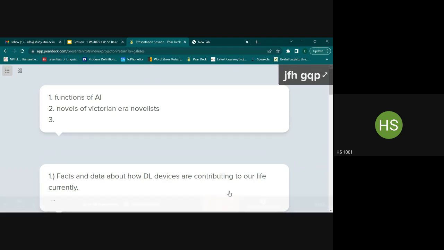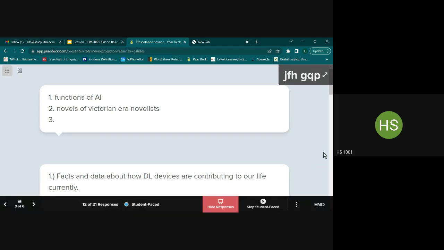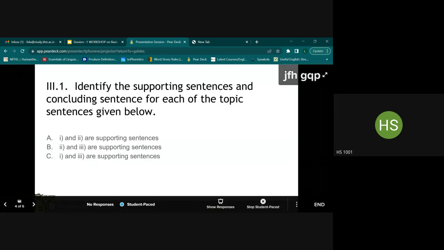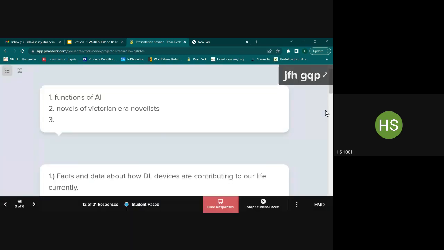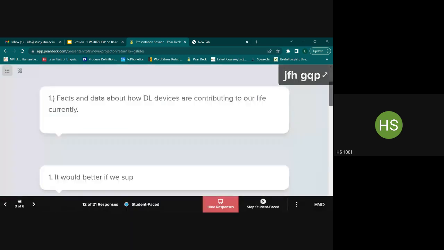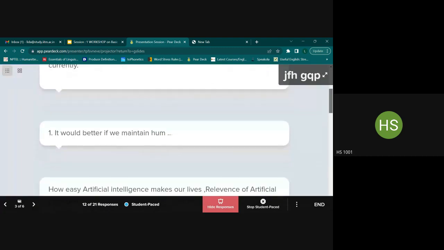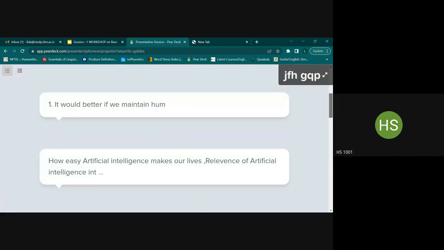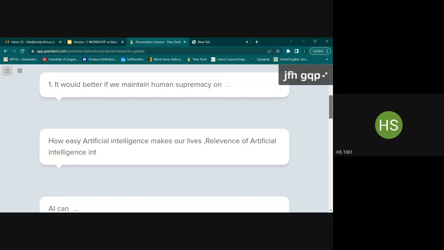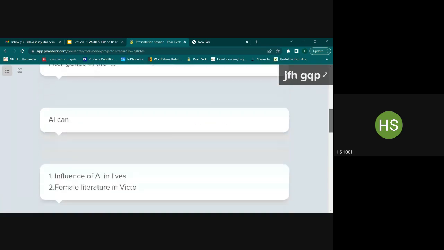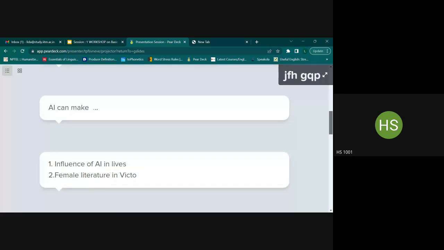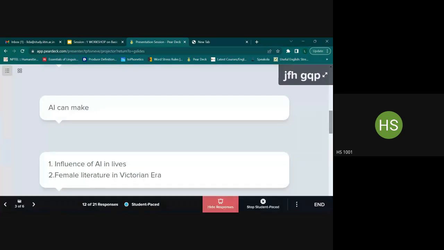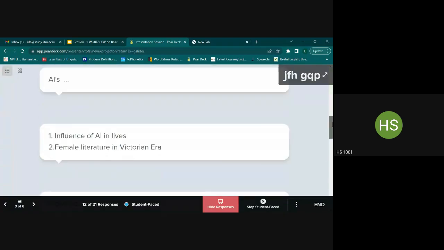Novels of Victorian era, facts and data about how devices are contributing to our life currently. Still writing how easy it makes our lives. So, relevance of artificial intelligence, yes. Influence of AI in lives, different types of things, right? So female literature in the Victorian era, yes.